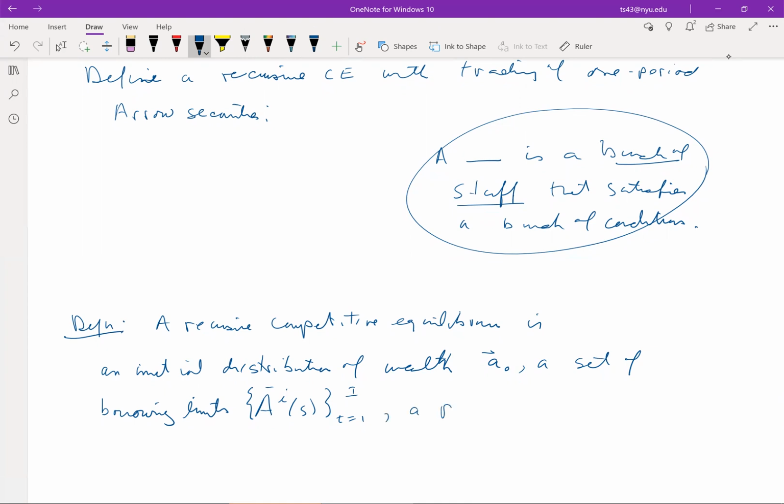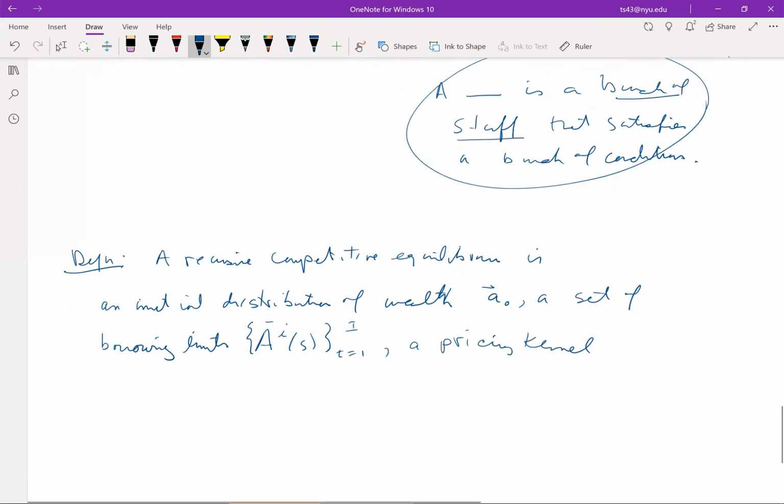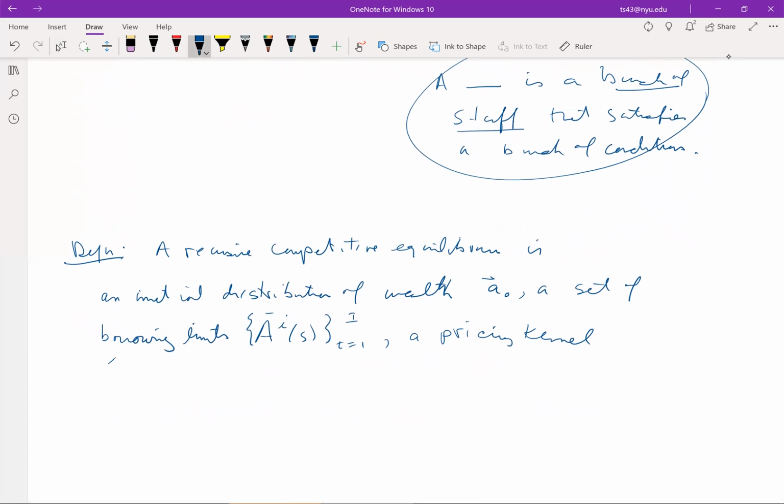A pricing kernel, Q of S prime given S. We're going to have sets of value functions. What do these look like?